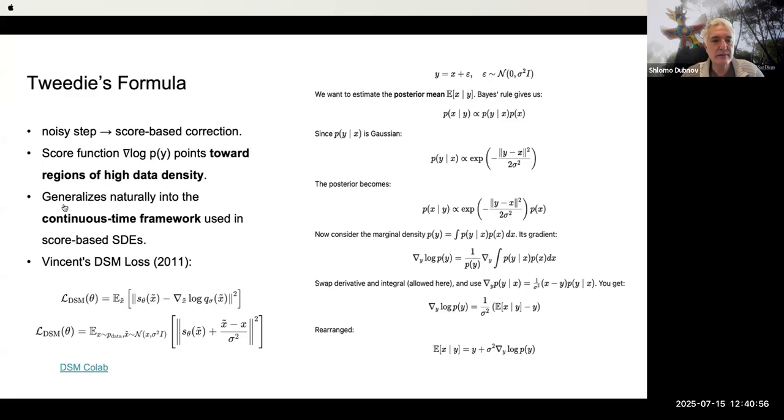This network takes every point and predicts which direction to go, because it's the gradient. You can see that we managed to learn the score. We now have this vector field, and if you sample this and follow this field, you can actually recreate the original distribution.